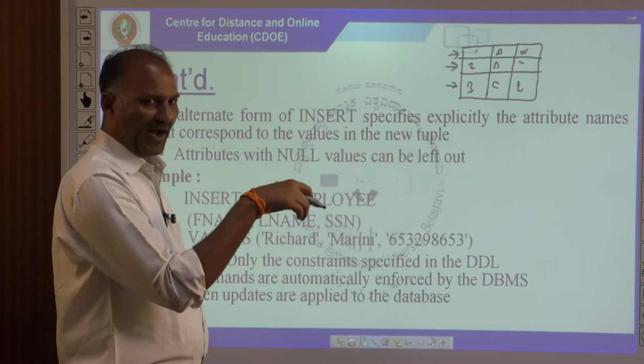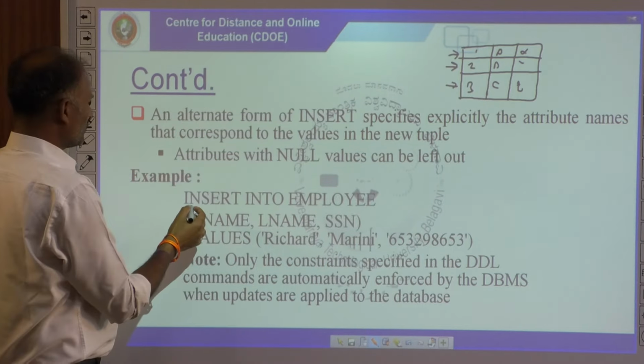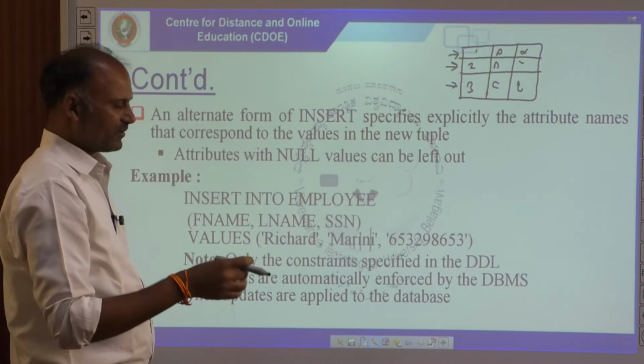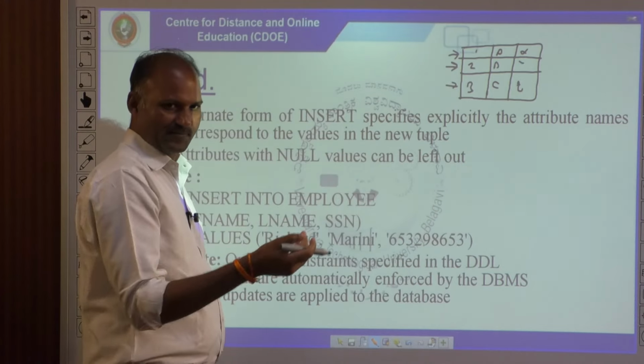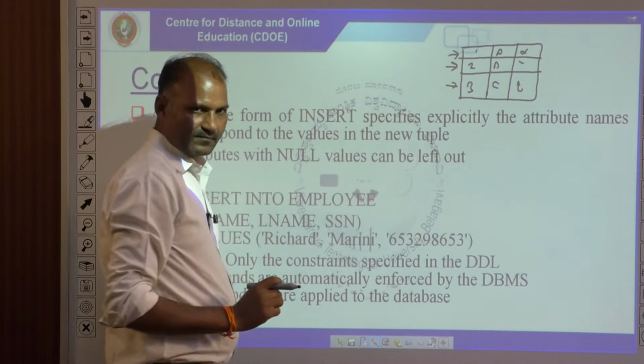Now I want to add one more record to the existing table, so we use the insert statement. The insert statement is used to insert a row or record into a table.